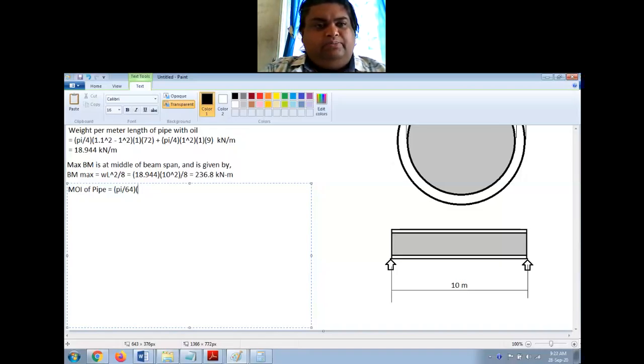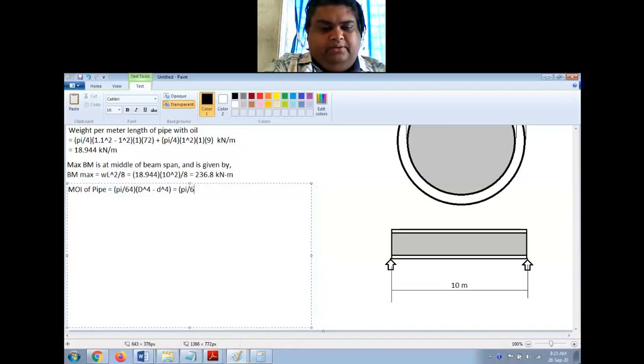Now, for hollow, it is pi by 64 into outer diameter D raised to 4 minus inner diameter d raised to 4, right? So this will give you the moment of inertia of this pipe. Now let us substitute the values in this.